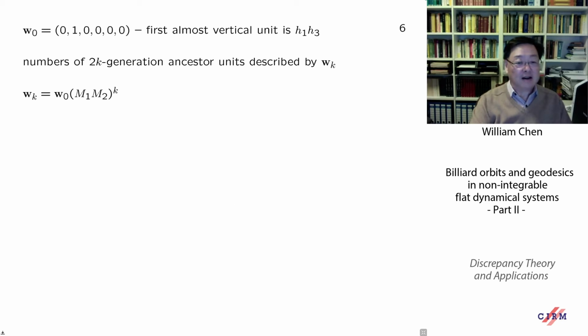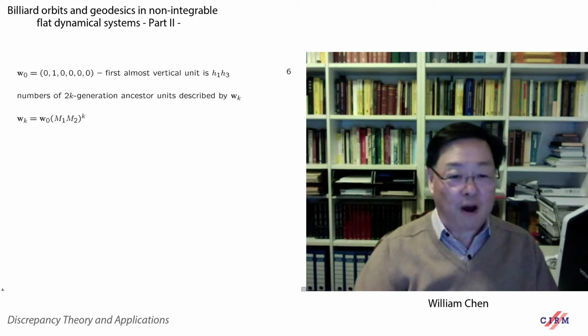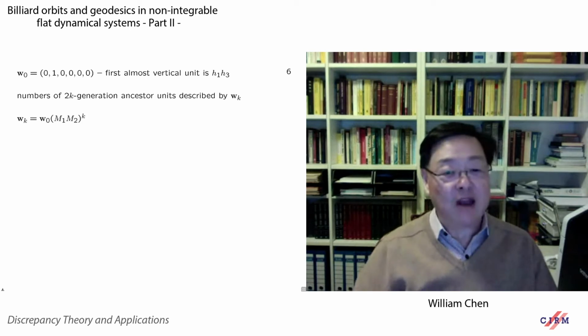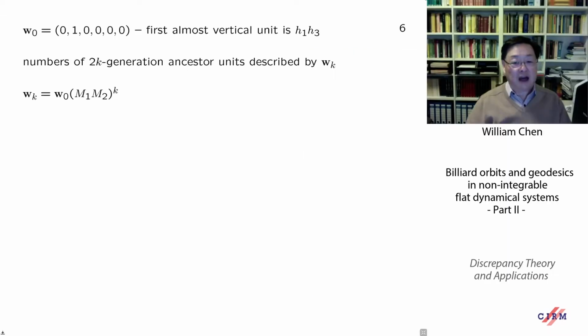So let's start with W0, go for one ancestor. That means we have to multiply by M1, do another ancestor process, which means multiply by M2, do another one, which is multiplication by M1, and then M2, M1, M2. And let's do it k times. So we end up with 2k generation ancestor units, and the number of each kind of them is described by the coefficient vector wk. And wk is related to W0 in this way.